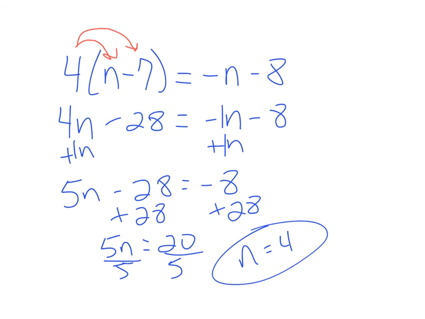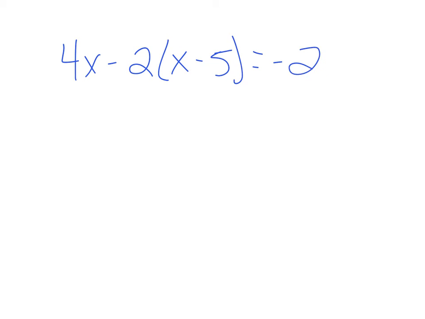Okay. So let's look at one more example, and then that will be all for this review. Let's do 4x minus 2 times x minus 5 equals negative 2. Notice I have parentheses like we did last time, so I'm going to need to distribute.